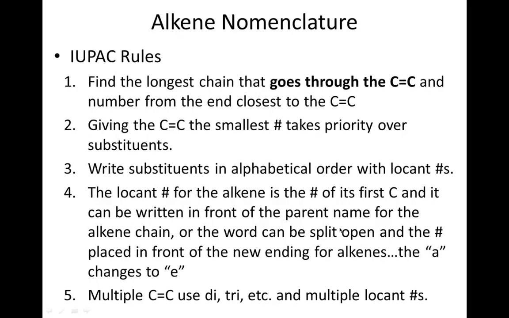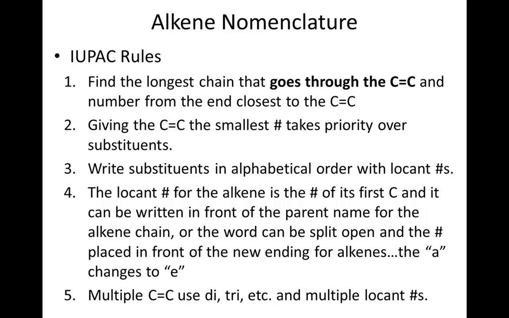Alright, so let's talk about alkene nomenclature in general. And the rules are going to change a little bit as we go through the book, looking at the different functional groups. They will affect the way that you name things. And one question is, why do we not just learn how to name everything at once? And the reason for that is because it's easier if you kind of go through it a little bit at a time.